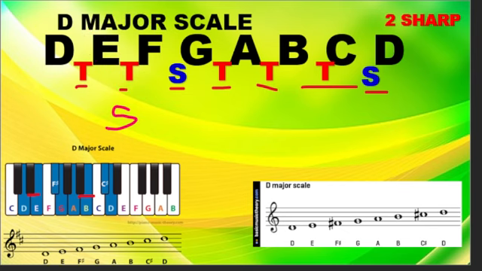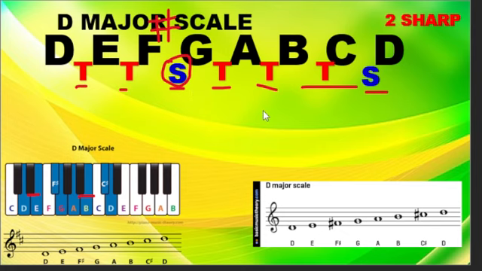We want to increase the tone. If I put a sharp here, this means I have reduced this tone. Between F and G there is a tone, but now we want this to be a semitone. So if I put one sharp, this will become a tone now, instead of being a semitone.